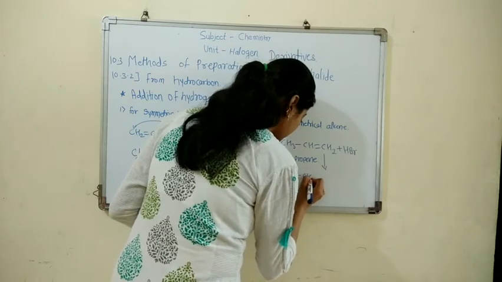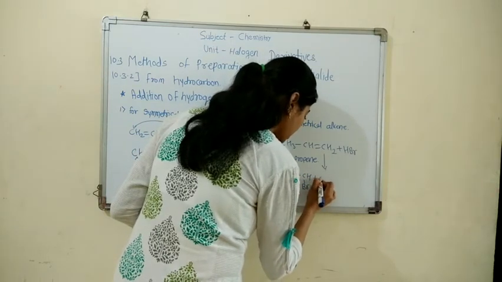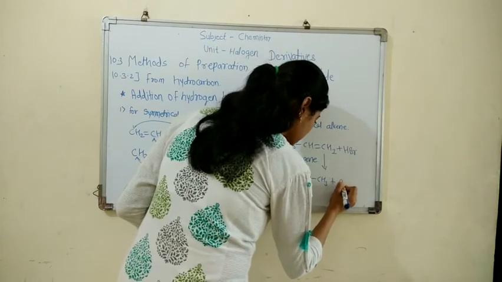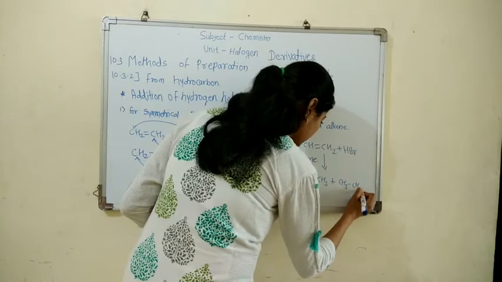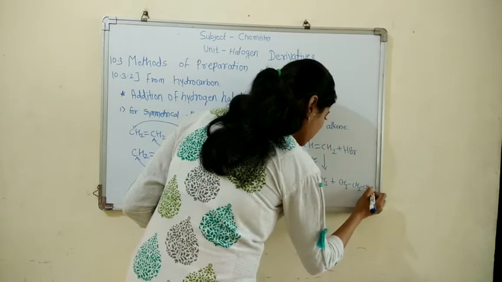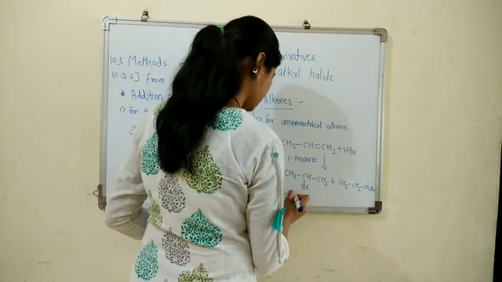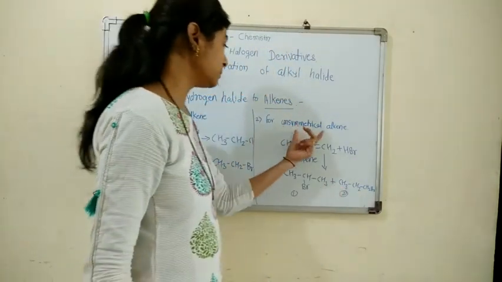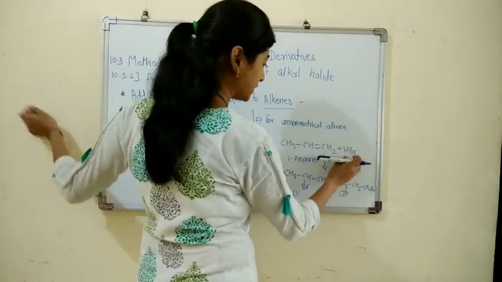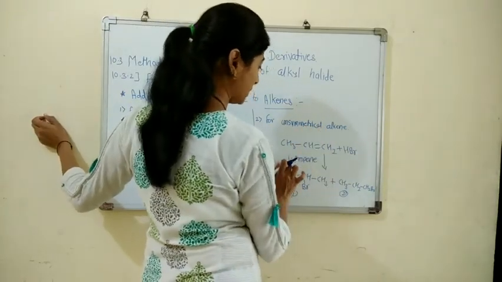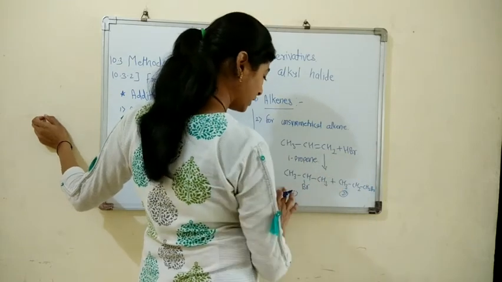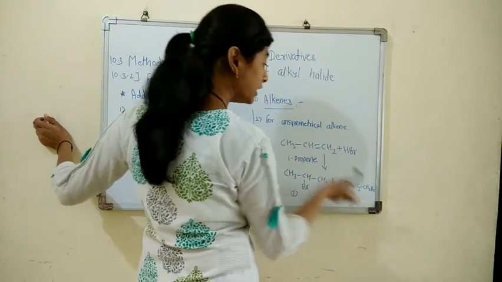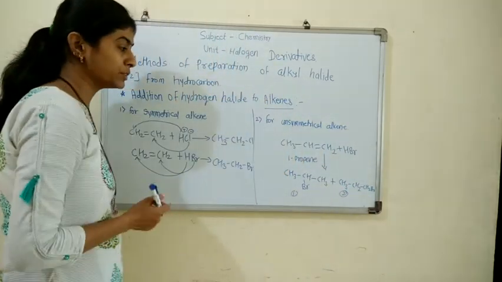Either CH3CHBrCH3 or CH3CH2CH2Br. Two possibilities are there. Either it is 2-bromopropane or 1-bromopropane, depending upon some rules.